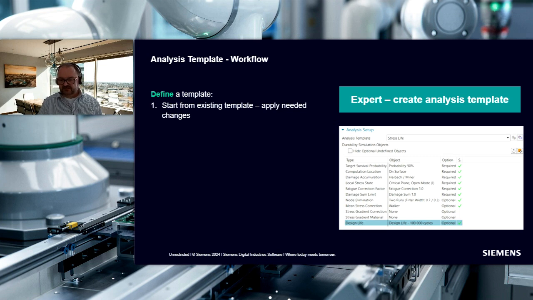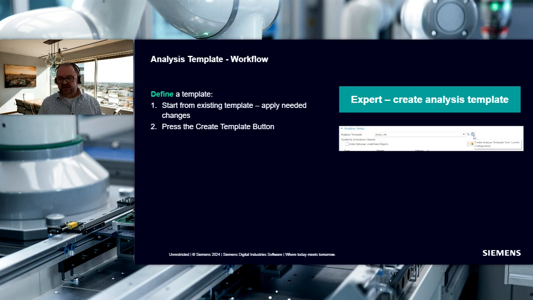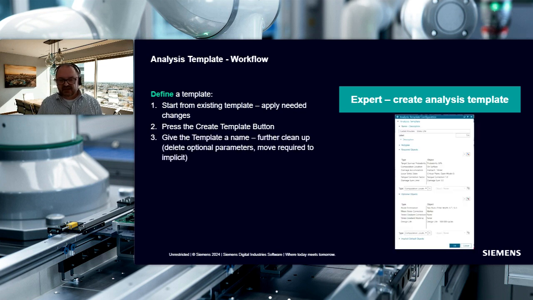And then the next step is just to say, okay, I now create a new analysis template from that. It's just a button click. And once I do that, I can decide if those parameters that I have set should still be available for the end user to change, or I want to fix them.